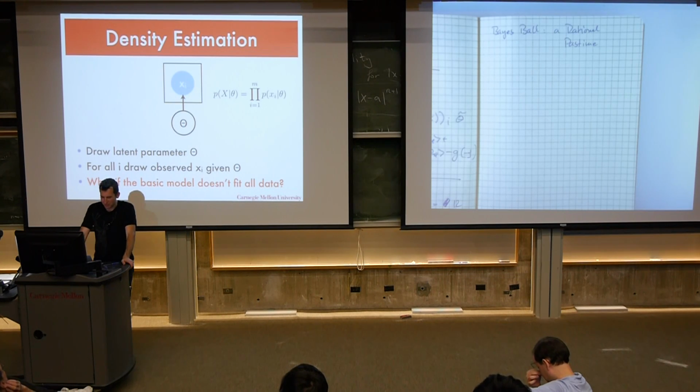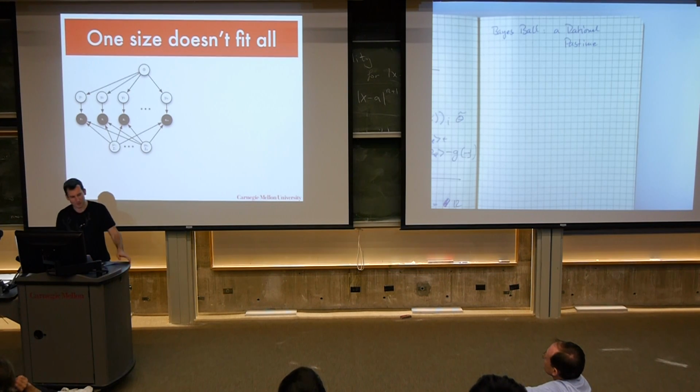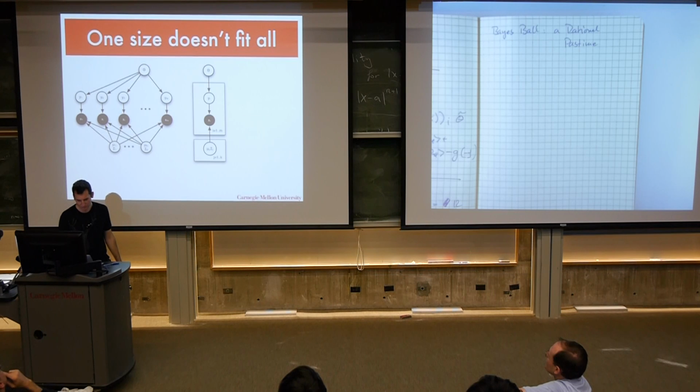But let's say we take a Gaussian. Maybe not all data are drawn from the same Gaussian. So what I could do is first decide which cluster of Gaussians I draw things from, and then I draw the actual observations. And for good measure, I also try to figure something out about the distribution of the parameters. Okay?